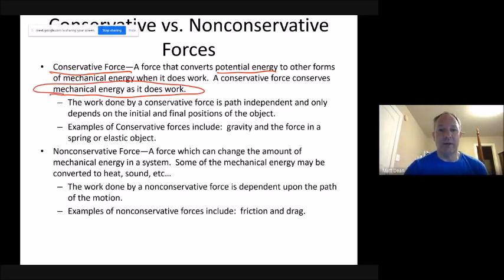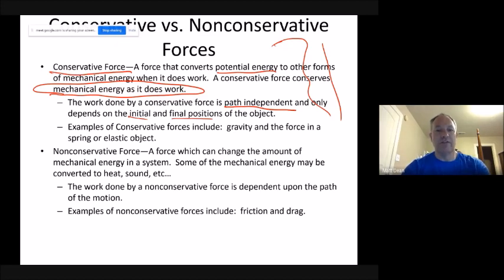So the work done by a conservative force is path independent. It doesn't matter if the object moves in a path like this, or if it moves in a path like that. The change in energy is still going to be the same. The only thing that matters when we're talking about conservative forces are the initial and final positions of the object.